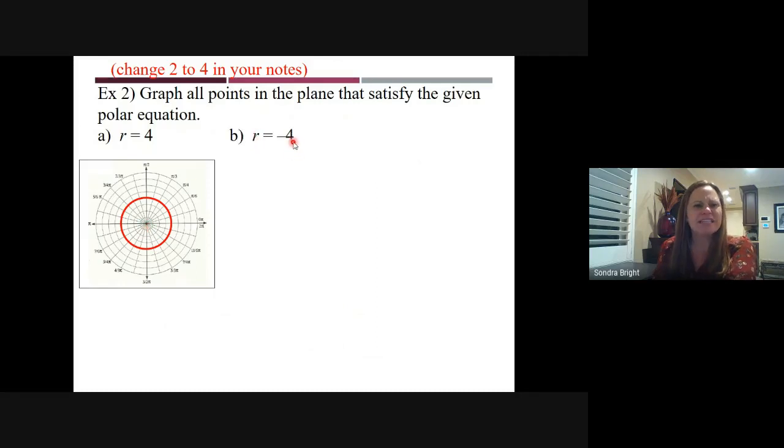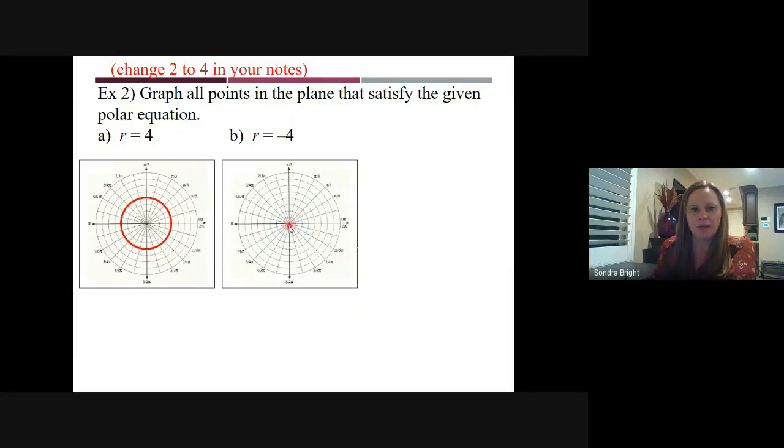What happens when r is negative 4? Well, when your theta is 0, you would have been here, but r is -4 means you would have gone in the opposite direction and put a dot 1, 2, 3 right there. And when your angle was pi over 2, that would have been here, but a -4 would have said you're going down here and putting a dot on the 3 pi over 2 line.